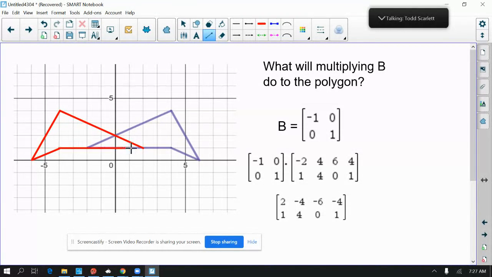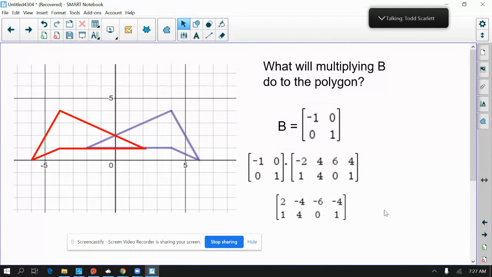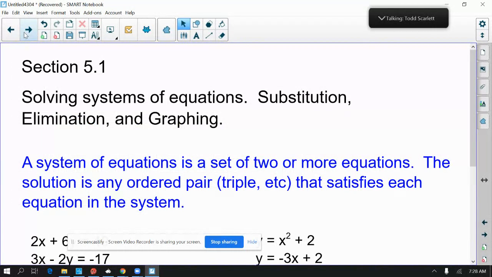And then you connect the dots again. And there was a reflection over the y-axis, which is the result of multiplying all the x values by -1. And there's just 100 more we could do, but I hope you get the idea that you could take a shape and transform it by either adding or multiplying a matrix.